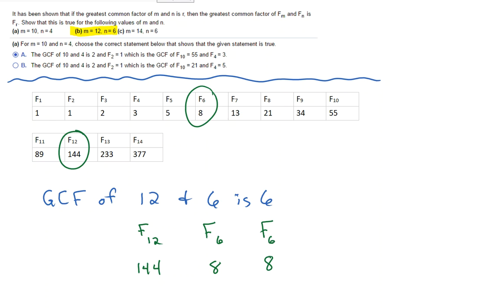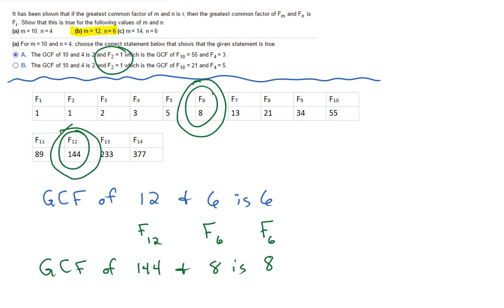Now these match, so then that would be another 8 there. So is the GCF of 144 and 8, is that 8? And it is, but again, the way they're giving us these options, we don't even need to verify that. What we need to verify is that they're listing the correct Fibonacci number for F12 and the correct Fibonacci number for F6. They're not really giving us a variation on the GCF piece of that.